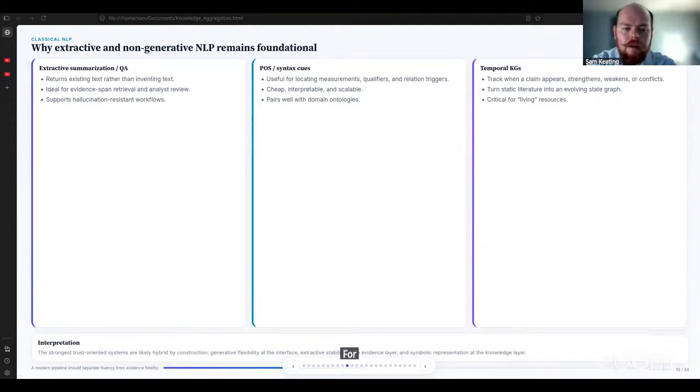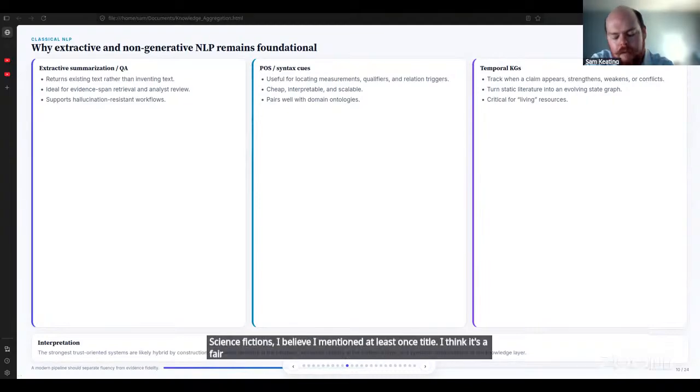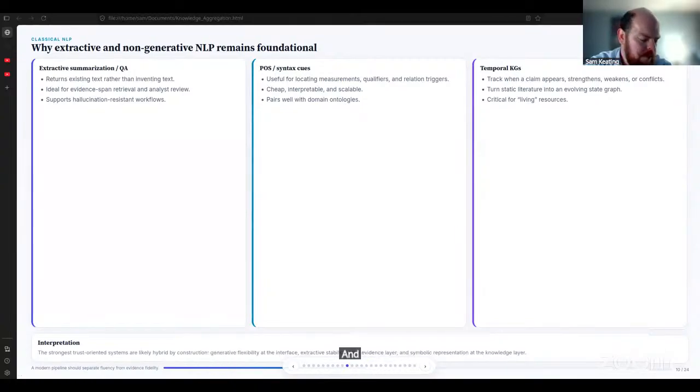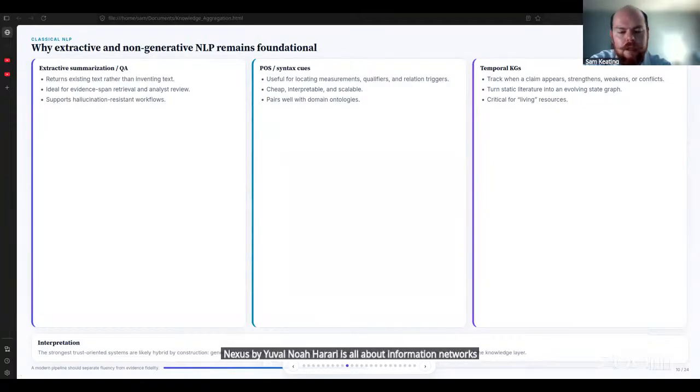For the books that overlap the most, Science Fictions, I believe I mentioned at least once, as a title. I think it's a fairly recent book. I worked through the audiobook just a month or so ago. And Nexus by Yuval Noah Harari is all about information networks and just information broadly.